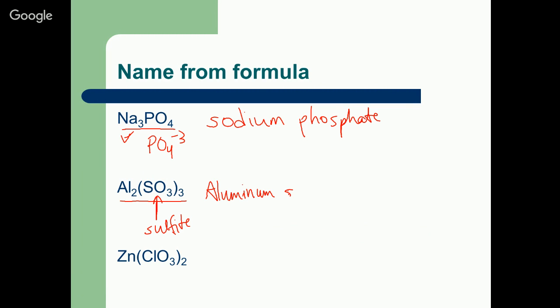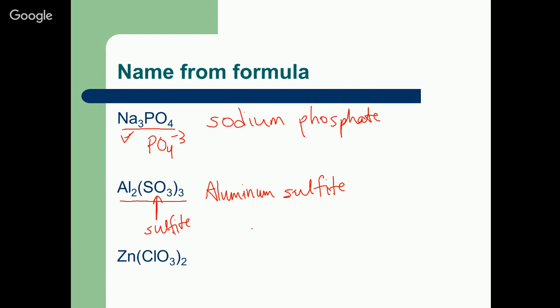So we go aluminum sulfite. I'm using the tablet or touchscreen computer in the classroom, so it's not writing very well, and I apologize for that. So the first one was sodium phosphate, and the second one is aluminum sulfite. We just take the name of the polyatomic ion and write it out.